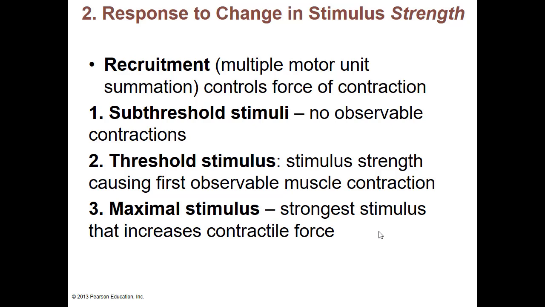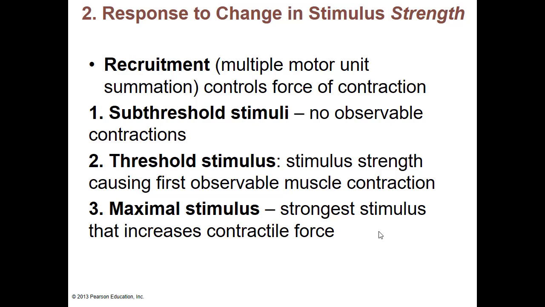If you have a stimulus that's not very strong, you have what's known as subthreshold stimulus. It's just a really weak electrical impulse, weak enough that it's not actually going to cause a muscle to contract. It's not enough electrical stimulus to open the floodgates of sodium ions. It's not a strong enough electrical signal to cause action potentials, which means your muscle's not going to contract.